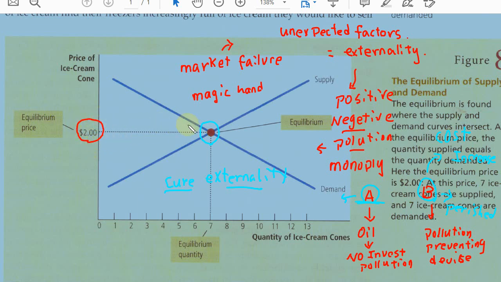This is the equilibrium concept, and I have told you what market failure is. Then let's go to the movement of demand and the movement of supply.